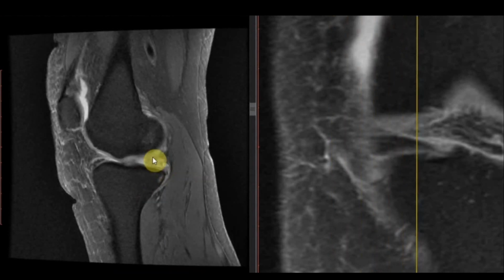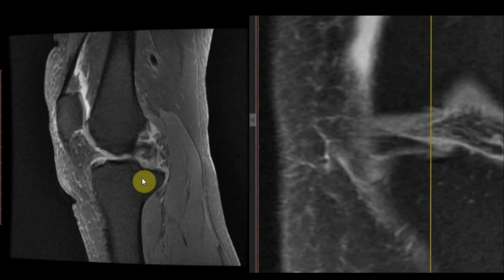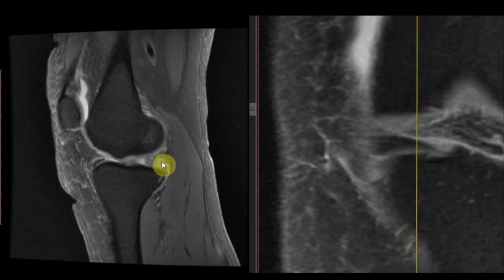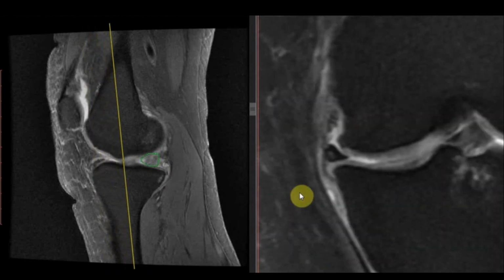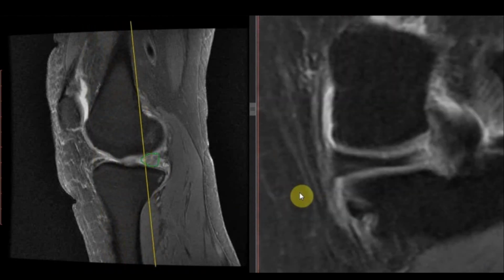But in the region of posterior root, we are not able to see any meniscal tissue. So again, this is the closed meniscus sign. Let's see that in coronal plane. As we can see, there is abrupt tear involving the posterior root attachment of the medial meniscus.